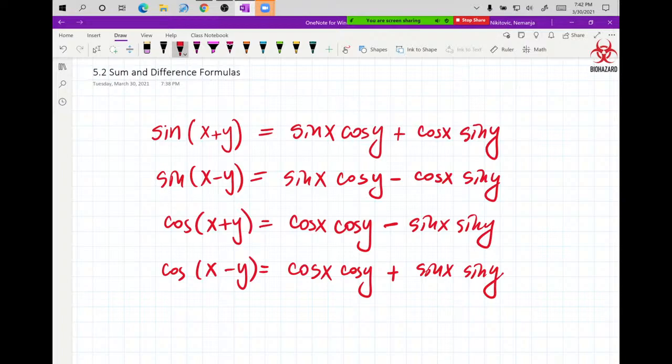Now, these formulas are very useful because we can find values of sines and cosines of certain angles that are not in that table that I gave you for 30, 45, 60 and 90, right? So what if you have 15 degrees, right?